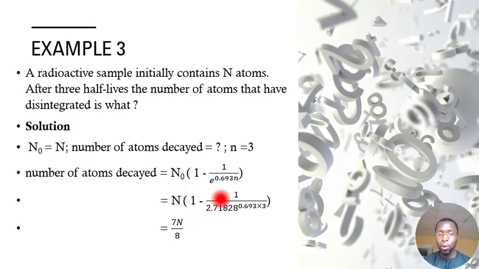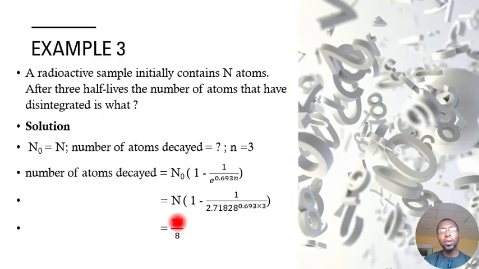Open bracket 1 minus 1 over, our Euler constant is 2.71828, raised to the power 0.693 times our n, the number of half-lives, that's 3. So when you simplify all of this, we have approximately 7N over 8. So this is the amount that decays after 3 half-lives.